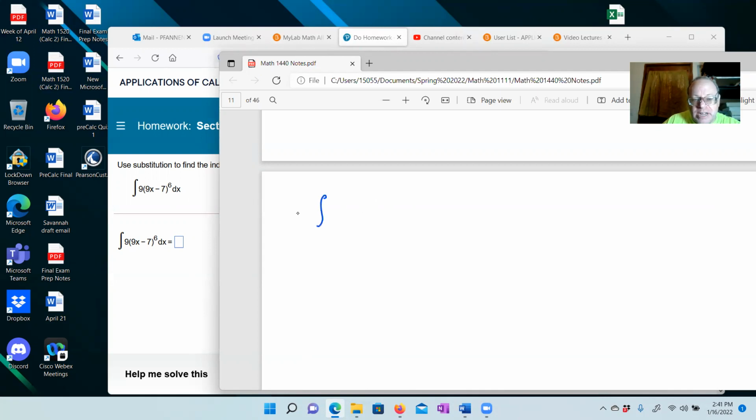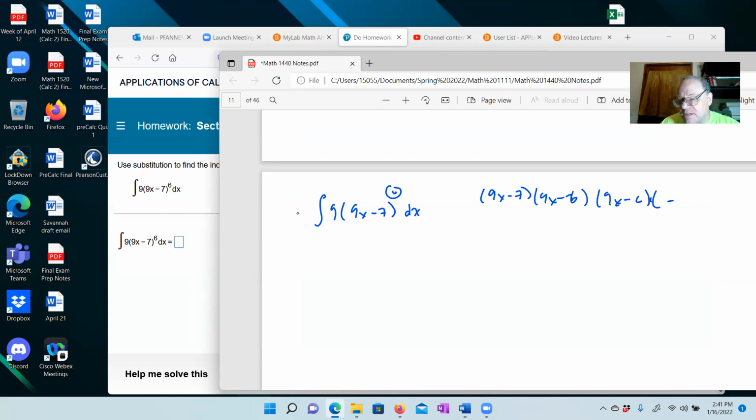Okay, so we have the integral of 9 times (9x minus 7) to the 6th dx. You see this power here, it's almost screaming at you, use substitution, because otherwise we'd have to multiply out 9x minus 7 times 9x minus 7, six times, and then FOIL all of this stuff out.